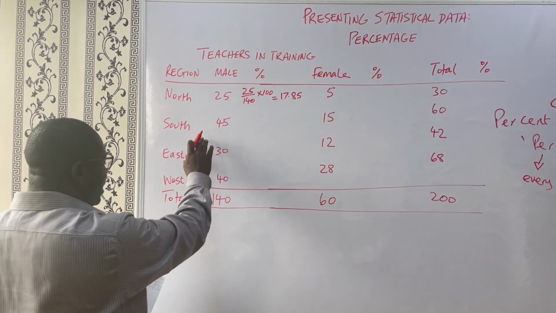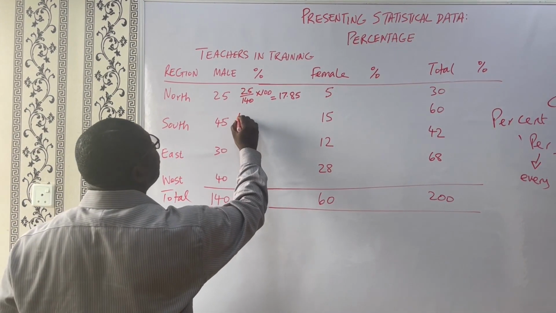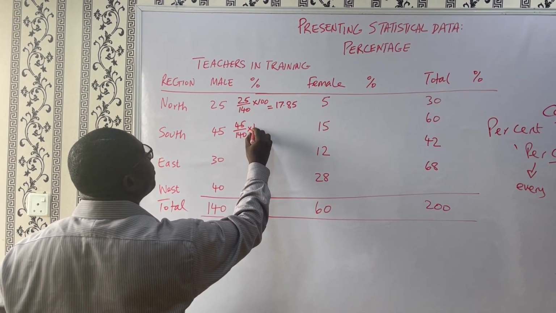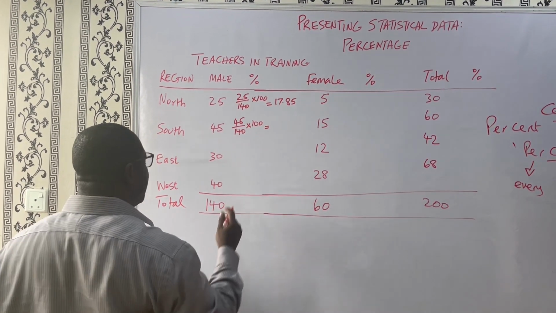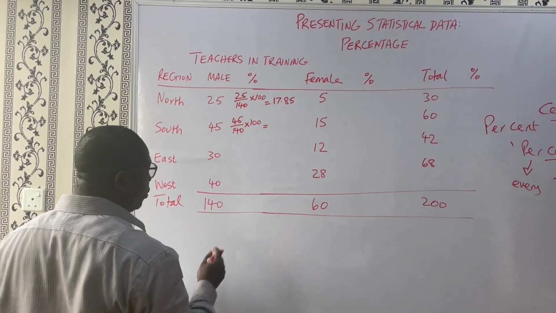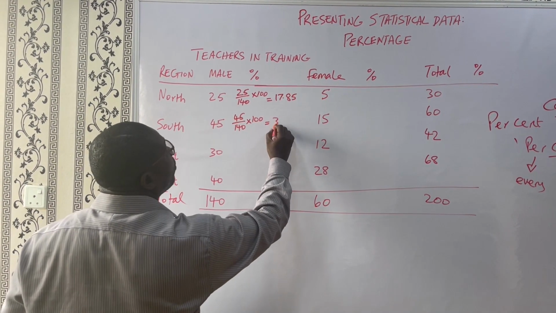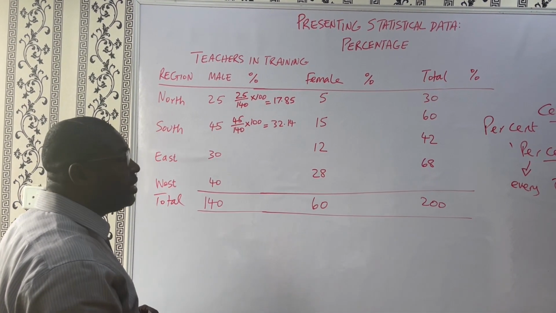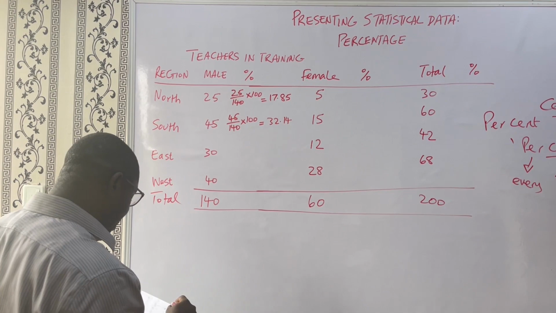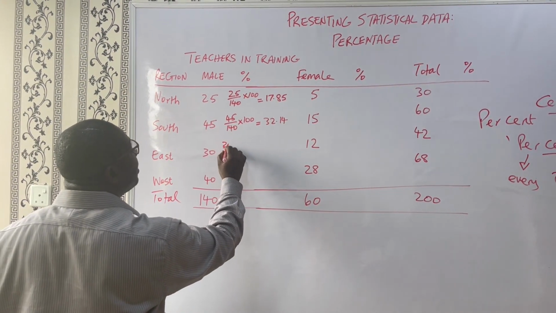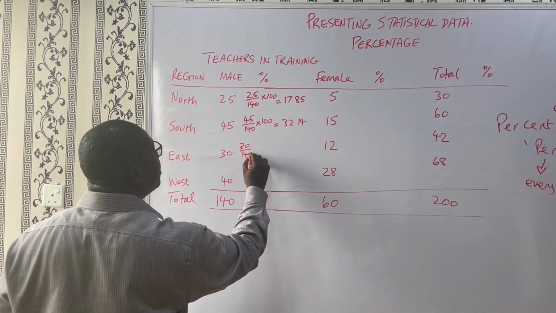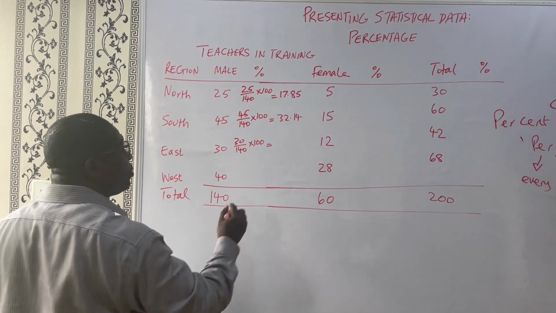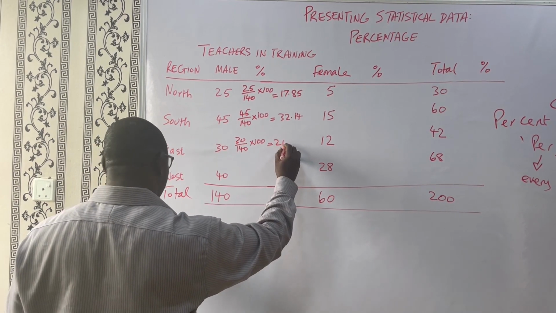To calculate for south, we are going to have 45 divided by 140 times 100, and that will give you 32.14%. That is presenting it in 2 decimal places. And we have 30 divided by 140 times 100, which is going to give us 21.42%.